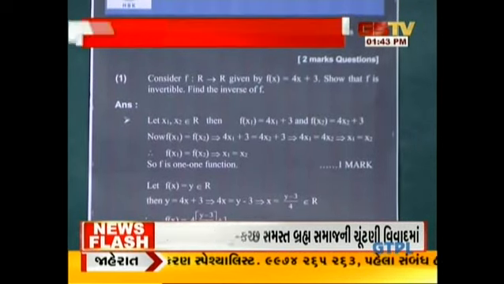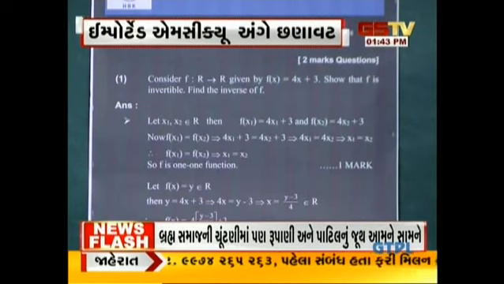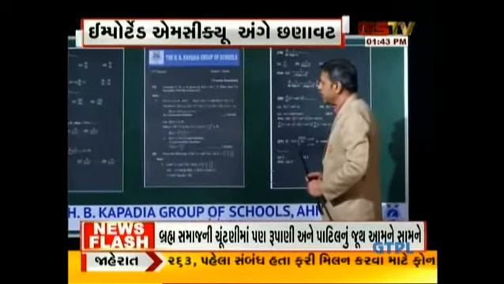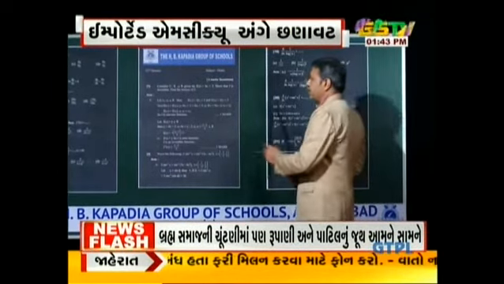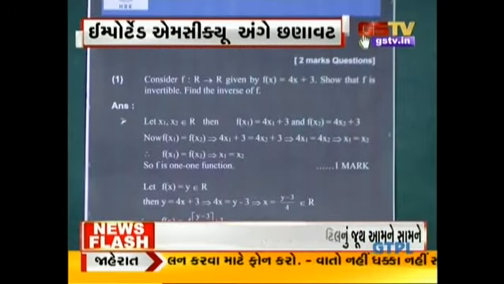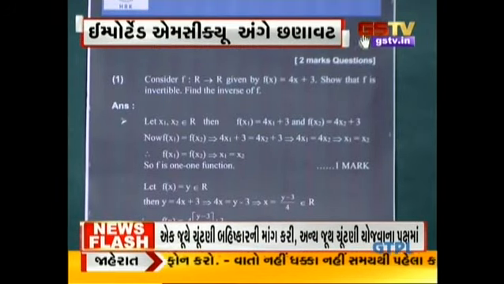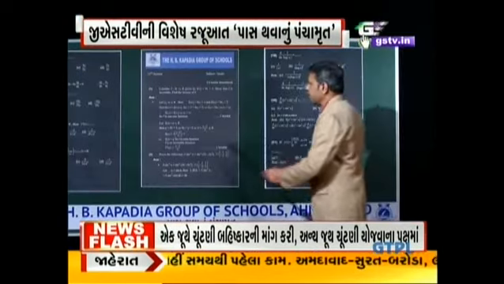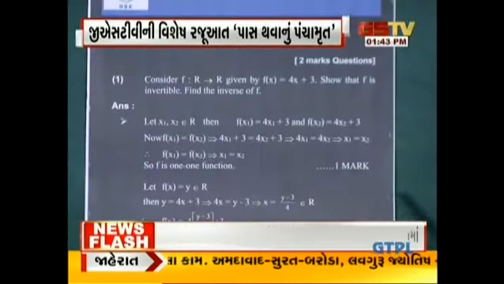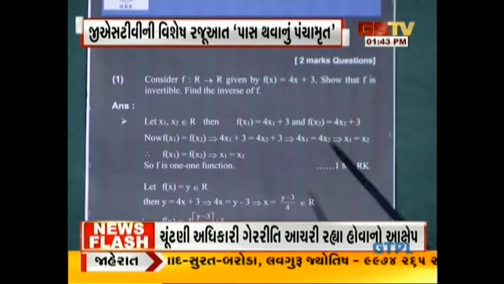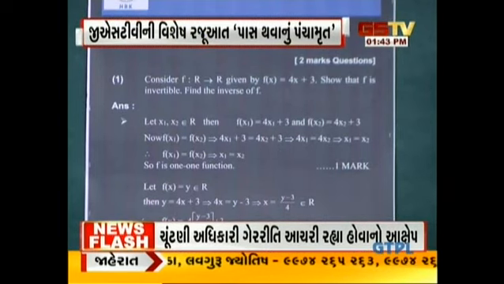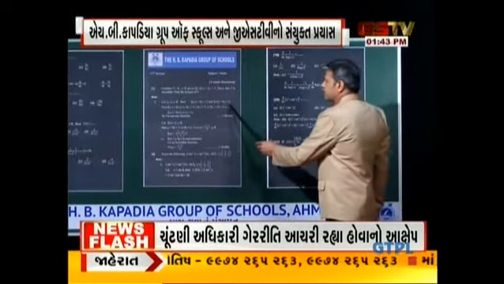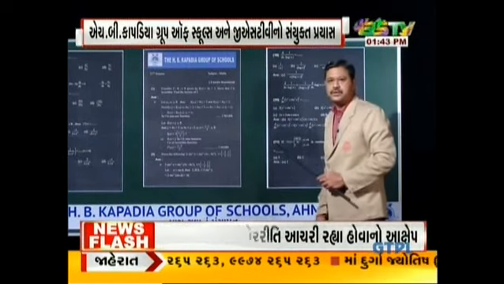It's an important question for chapter 1, student, to prove an invertible function and find the inverse. First step, for an invertible function we have to prove one-one function and onto function. Let us start. For f x1, x1 and x2 are two different values, f x1 is equal to 4x1 plus 3 and f x2 is equal to 4x2 plus 3.